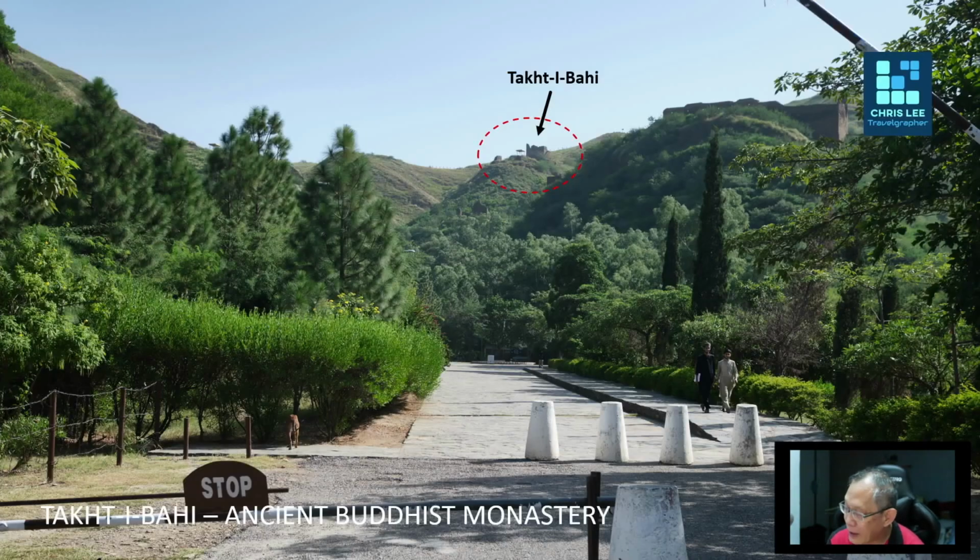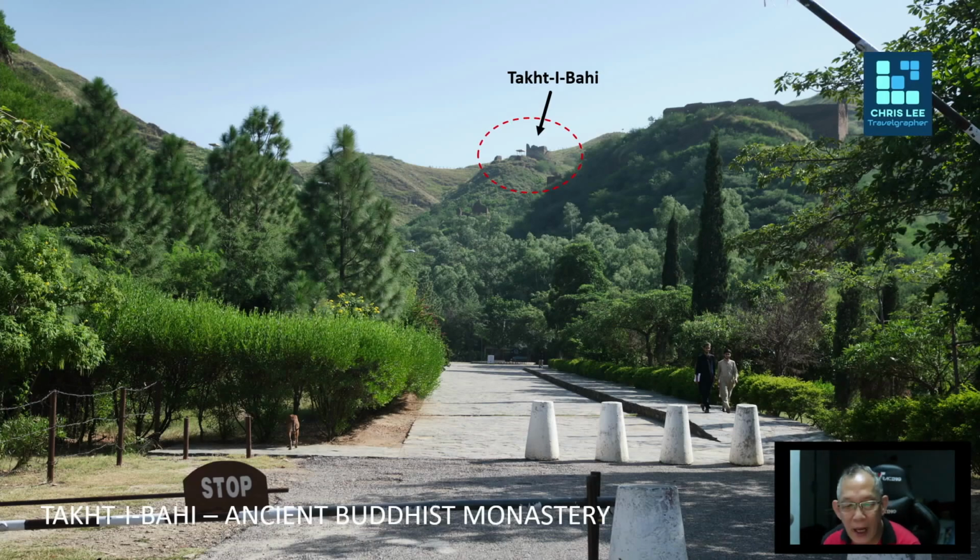Now this image was taken at the car park, and from the car park you can see this ancient ruin Takht-I-Bahi positioned at the top of a hill about 150 meters above ground, with some of the background of this Takht-I-Bahi ancient ruin.